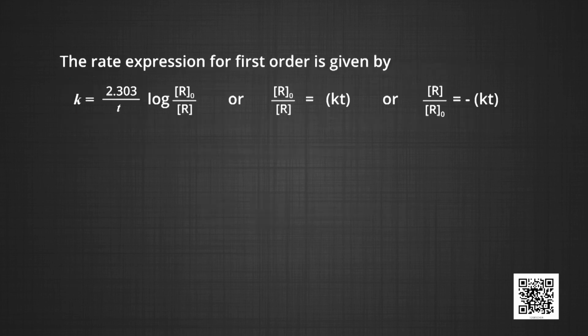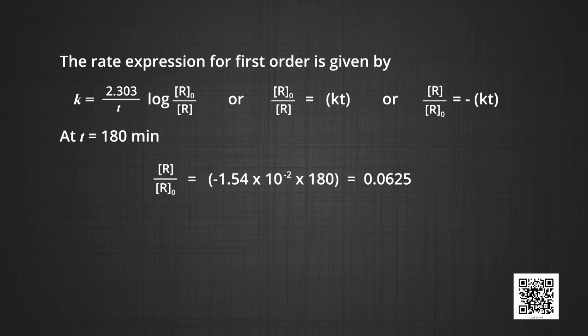The rate expression for the first order is given by K is equals to 2.303 by T log R naught by R, or we can write it as R naught by R is equals to exponential raised to power Kt, or R by R naught is equals to exponential minus Kt.